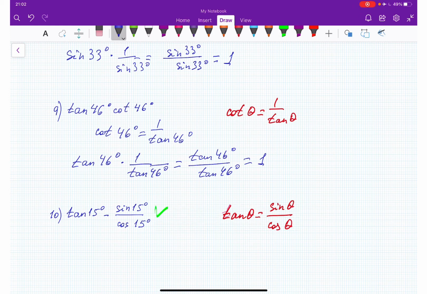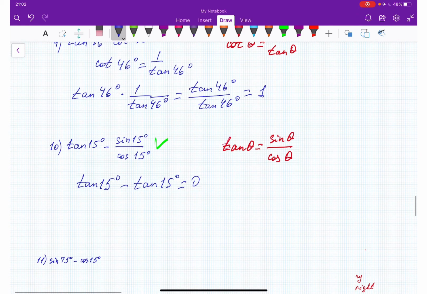Okay, so it's going to be tangent 15 degrees minus sine 15 over cosine 15, which is tangent 15, right? The result is going to be 0. All right, moving to the next.